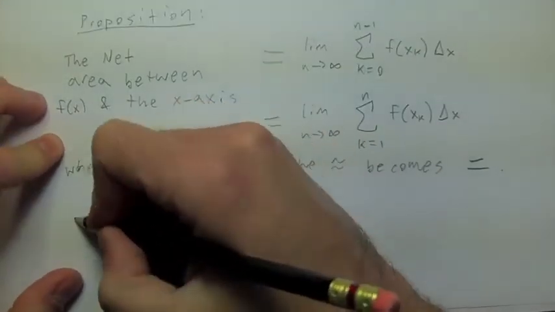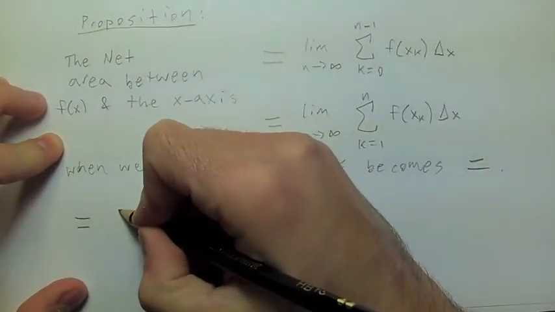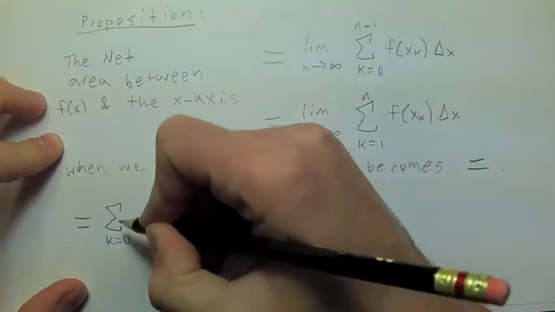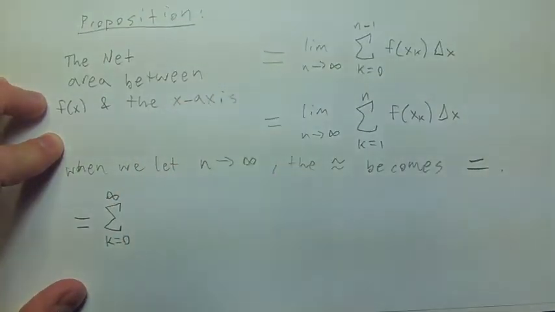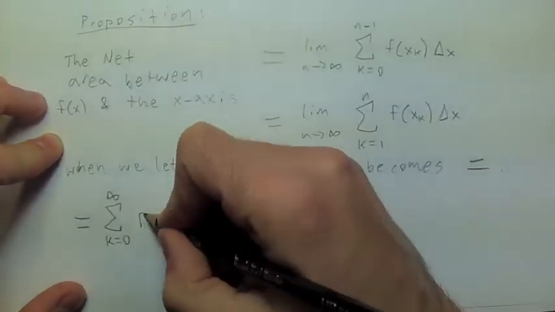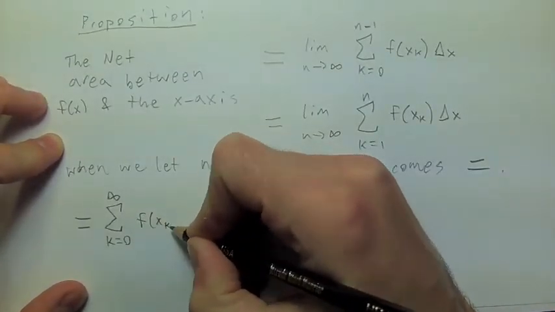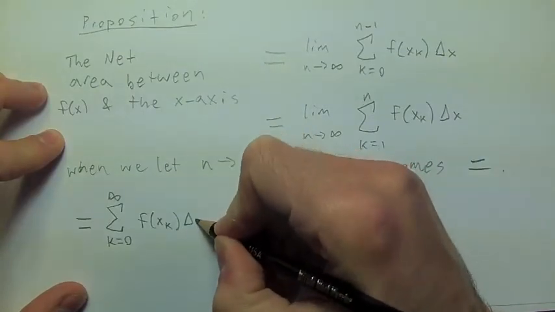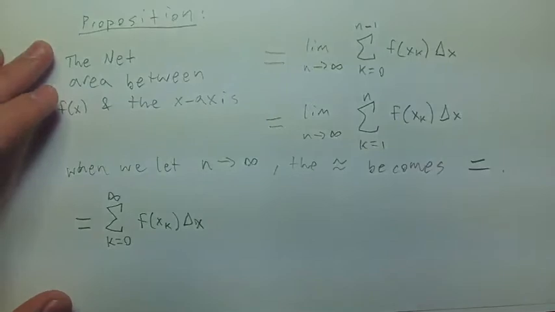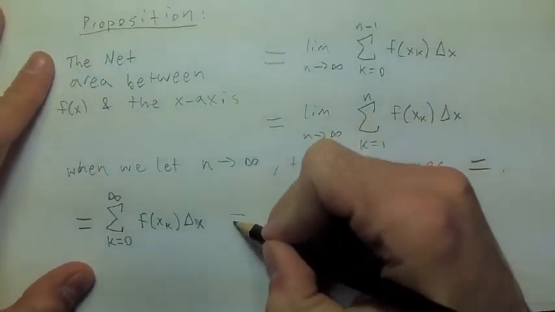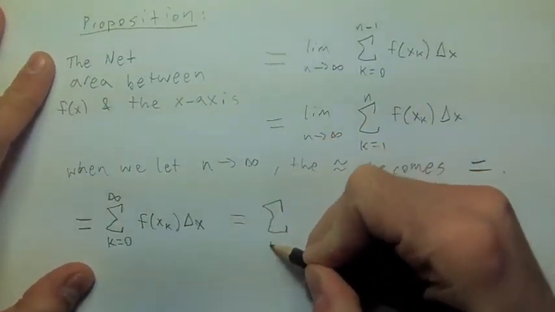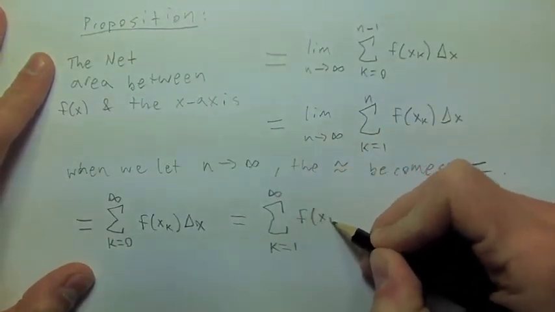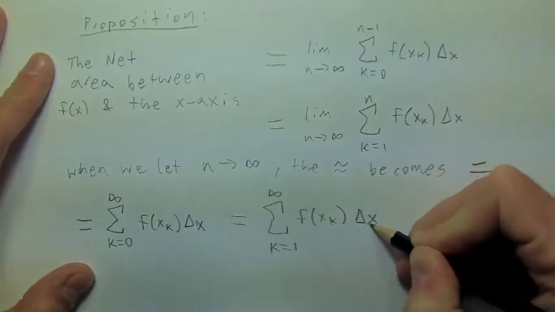So a simpler way to write this is the sum of k going from 0 to infinity of f of x_k delta x. And we also said that's equal to the right-handed sum, k going from 1 to infinity of f of x_k delta x.